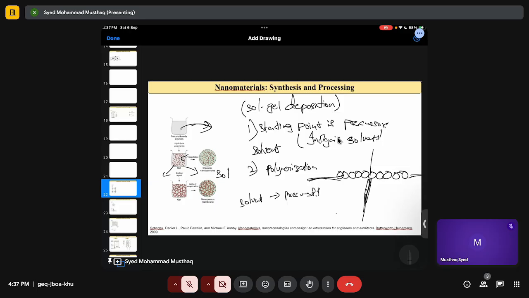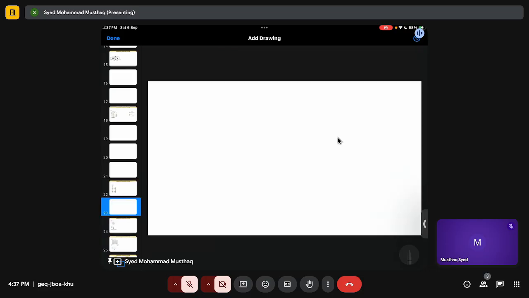Precursors will agglomerate or do the polymerization, and they form particles. At first I have everything as a clean solution, the solvent in which we have precursors, and then we do the polymerization, then we form particles. Now once we form the particles, we should make sure they do not attach.